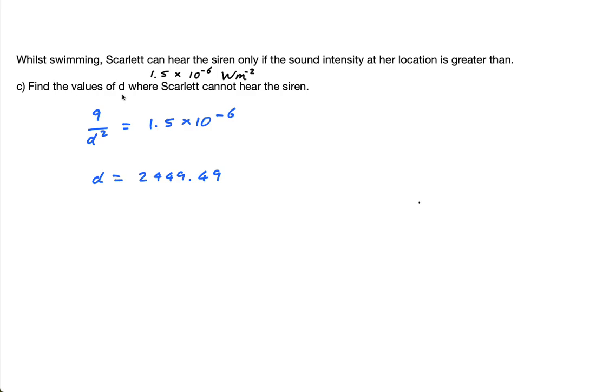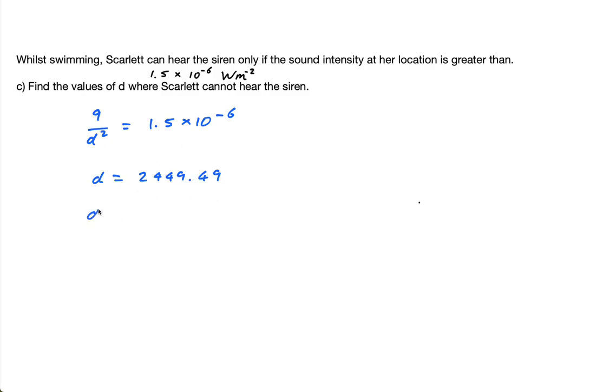It says find the values of d where Scarlett cannot hear the siren. So this is where they're equal. Anything less than this, she could hear it fine. If it was 2,400, she could hear it. 2,449, she could hear it. She couldn't hear it if it was 2,450. Anything bigger than this, if the distance is greater than this, she won't be able to hear it.